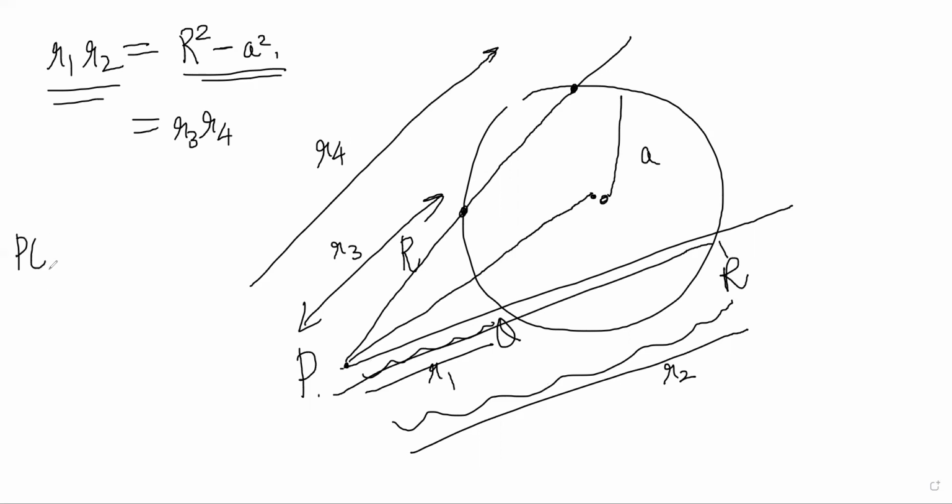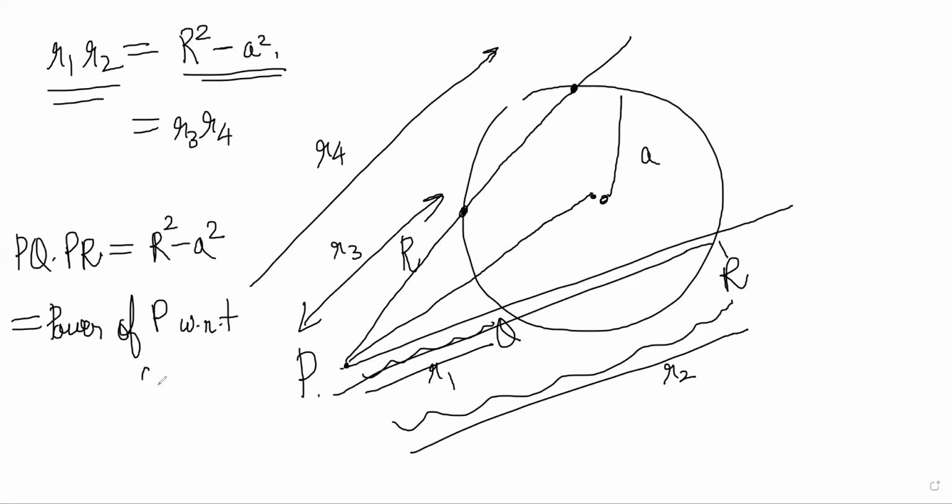So PQ into PR is equal to R square minus A square, which is called the power of point P with respect to the circle. Basically, as long as you fix the point, the product of the intercepts made by two secant lines is always fixed.